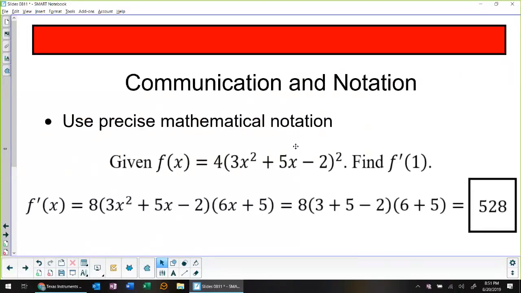Here, the student does f prime of x, and appropriately uses the chain rule to get 8 times the quantity 3x squared plus 5x minus 2 times the quantity 6x plus 5. And then the student has the correct answer, 528. So the student gets 2 points for both the derivative and the answer.